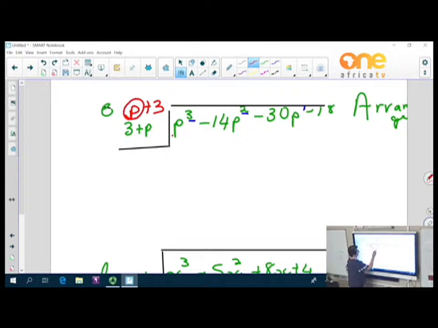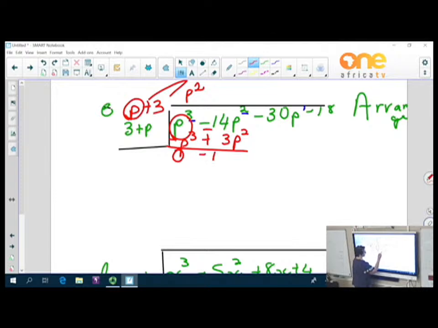So p divides into p to the power of 3, p squared times. Multiply, then you have p3 plus 3p squared. Subtract, eliminates, negative 17p squared. We bring down this one, negative 30p. Okay, and how many times will this divide in there?